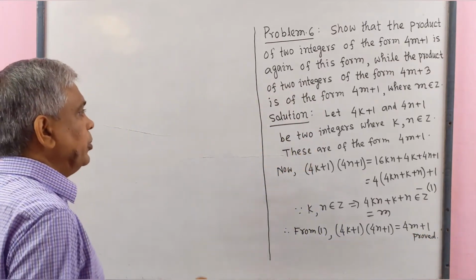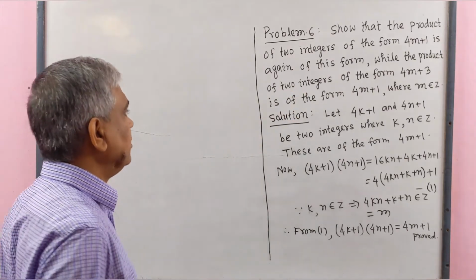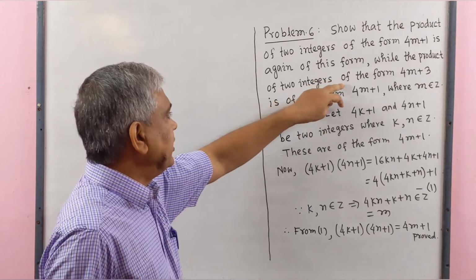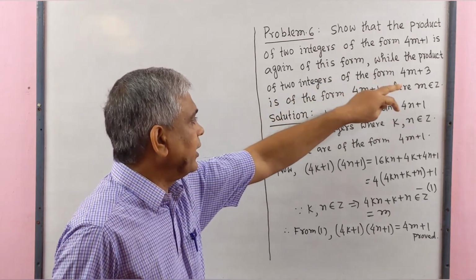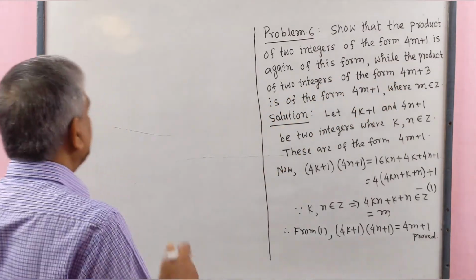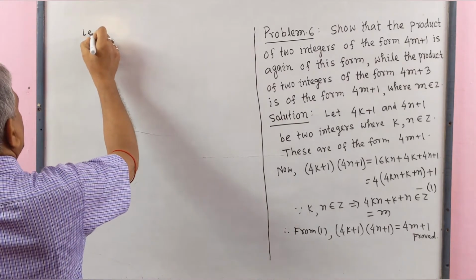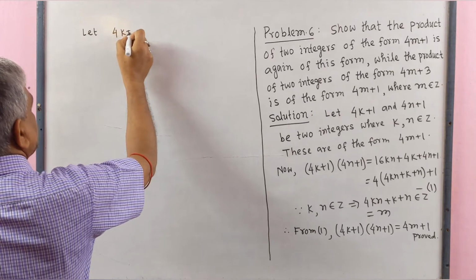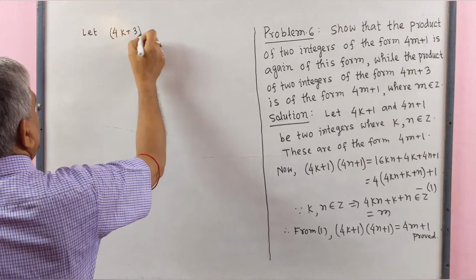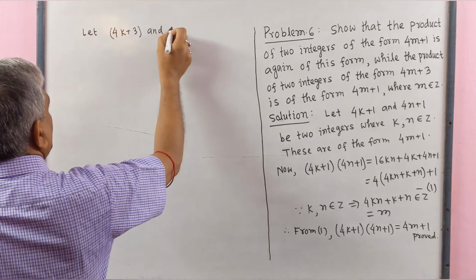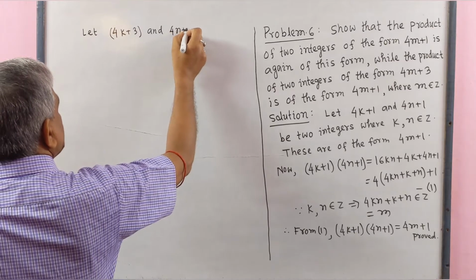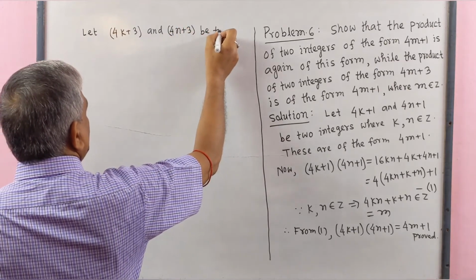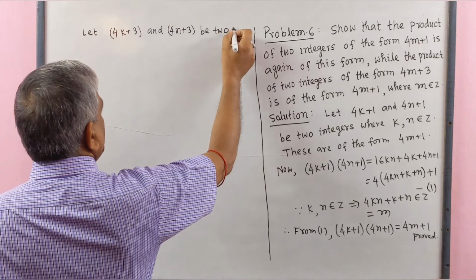Now we prove the second part. The product of two integers of the form 4m plus 3. Let 4k plus 3 and 4n plus 3 be two integers.